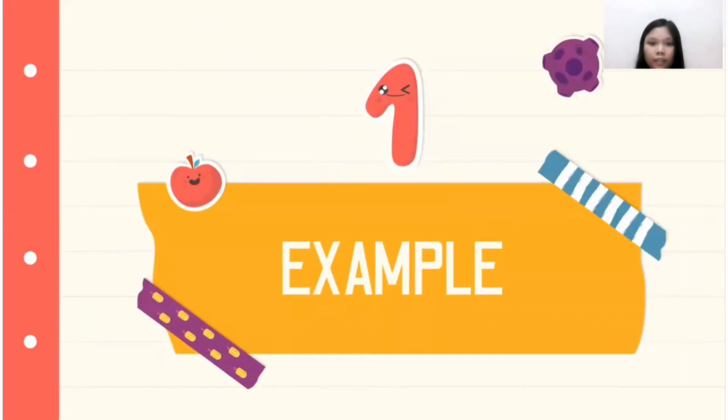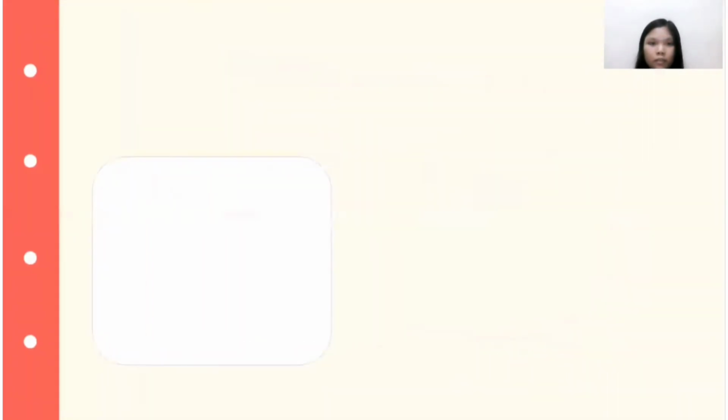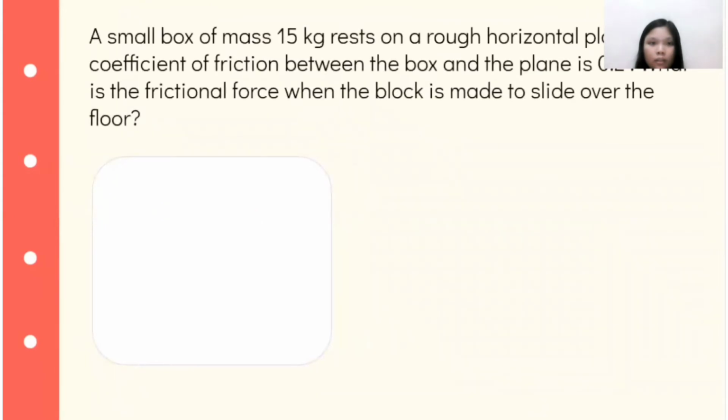Here is the first example. A small box of mass 15 kg rests on a rough horizontal plane. The coefficient of friction between the box and the plane is 0.2. What is the frictional force when the block is made to slide over the floor?